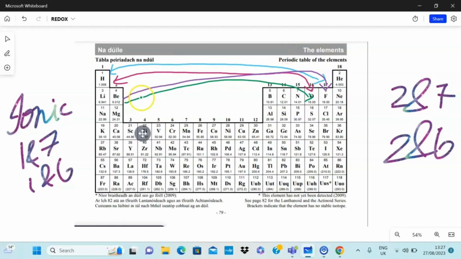So what that basically means is that anything from this column, the first one to the seventh, is going to be ionic. First to sixth is ionic. 2 and 7, 2 and 6. And another trick is that any compound with hydrogen at all would always, always, always be covalent.